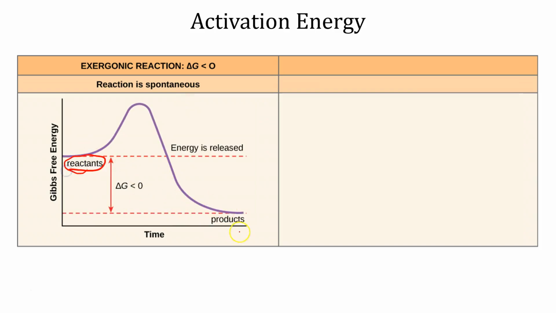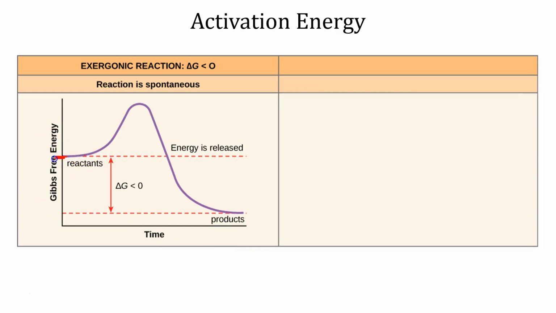Here are the reactants and here are the products. This is the amount of Gibbs free energy, and this is as the reaction proceeds through time. Let's say you tally up all of the Gibbs free energy in all of the reactants, and it's some amount right here. This could have a specified amount with a unit like joules per mole, but I'm not worried about the actual unit of this in this chapter.